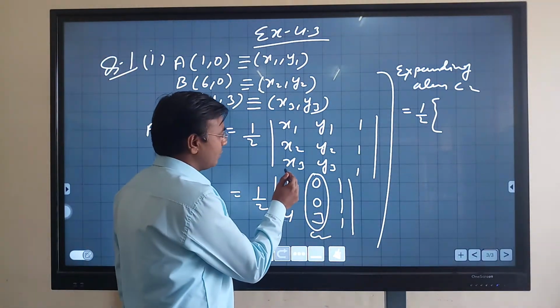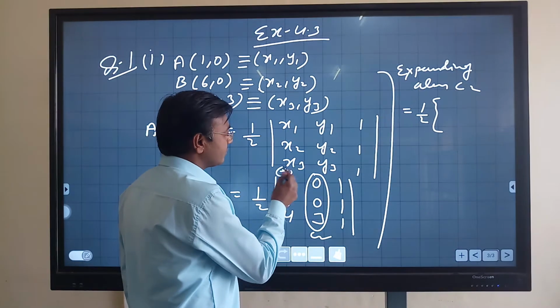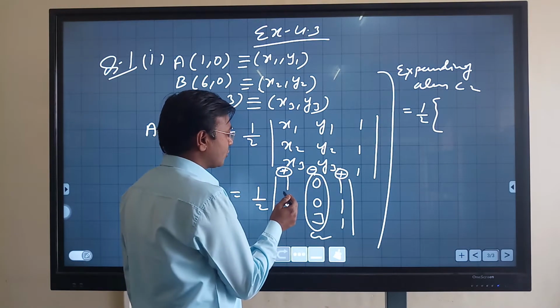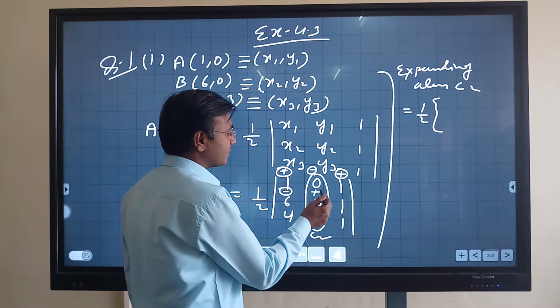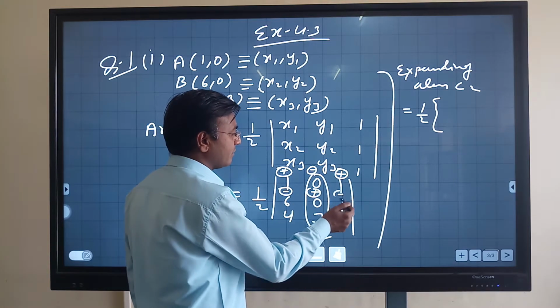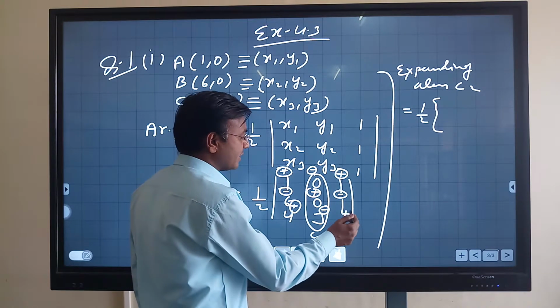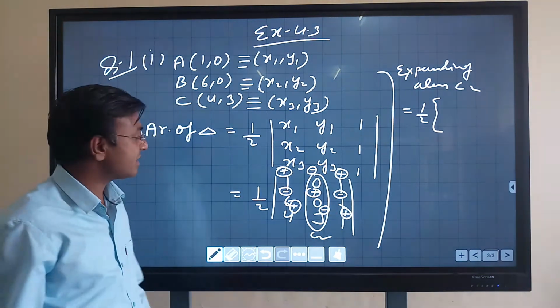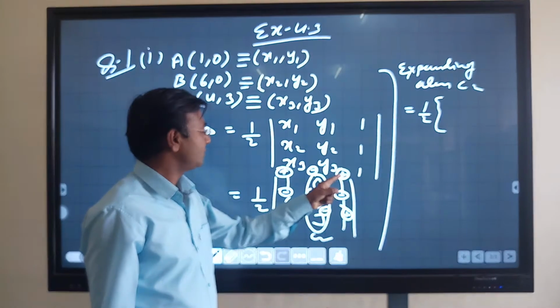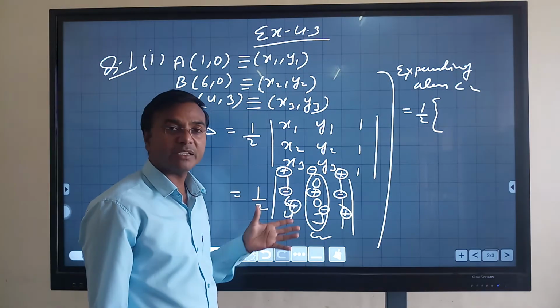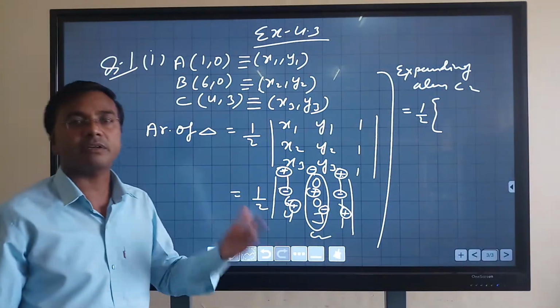I am telling you, you can also use directly before the element this symbol combination: plus minus plus, then minus plus minus, then plus minus plus. It means plus minus coming alternatively.